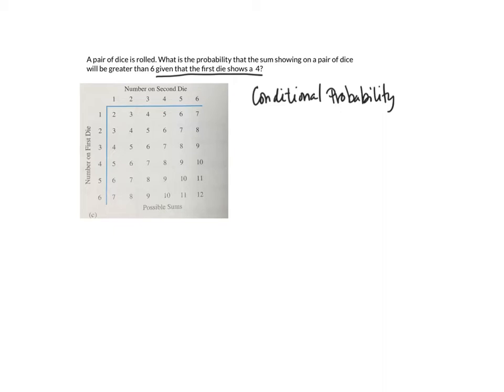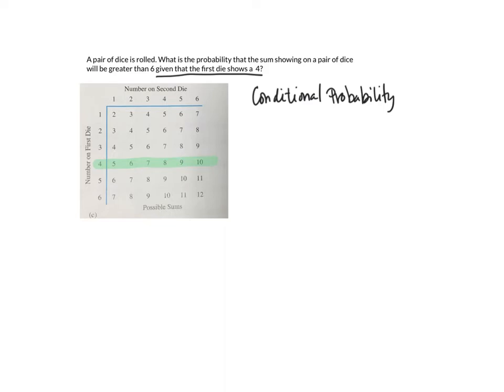So if I know that the first die shows a 4, what I can do is then highlight that row. So the number on the first die is along the columns there. So that's this row here.